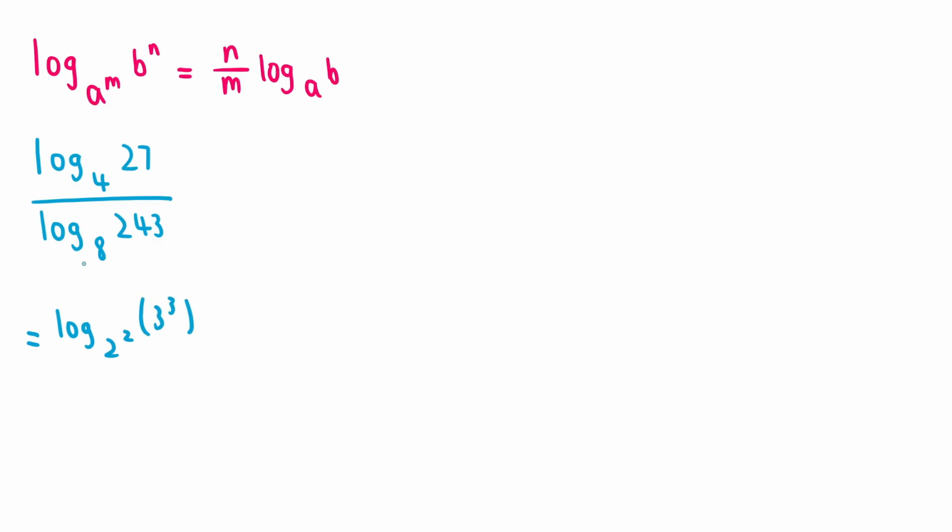For the denominator, 8 is clearly 2 cubed, and 243 is 3 to the 5. So we can rewrite the logarithm in the denominator as log base 2 to the 3 of 3 to the 5.